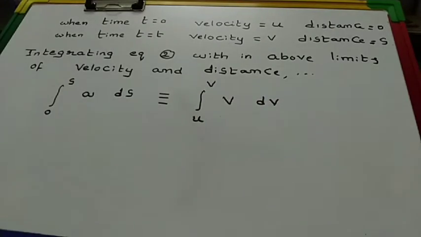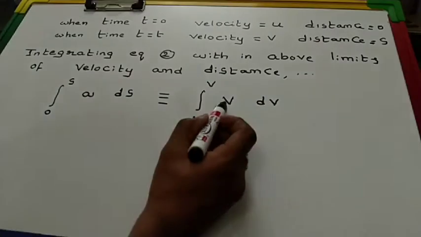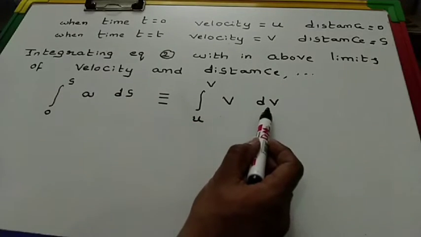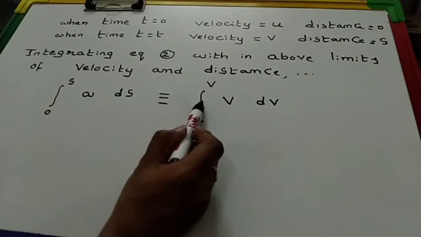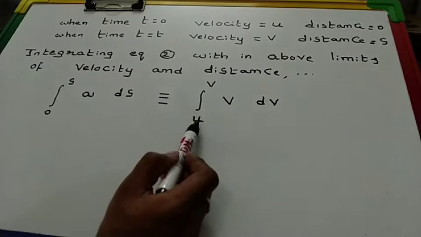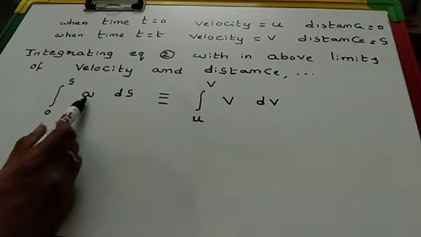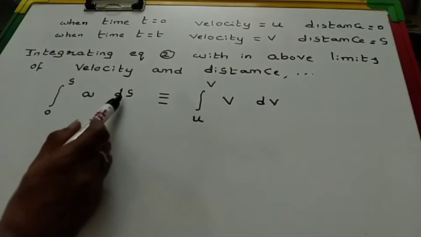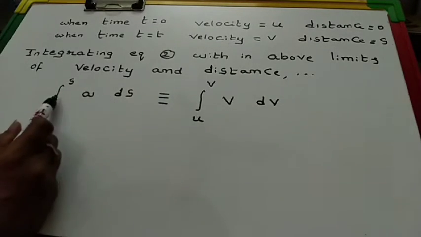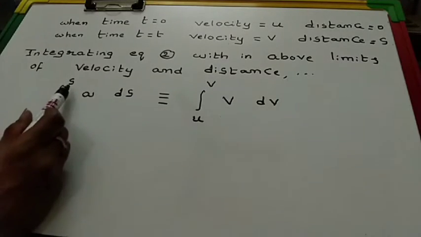My dear students, here velocity will be integrated with the upper limit and lower limit of velocity. Here acceleration is a constant, because here the differentiation is distance. Therefore the integration should be over distance, that is initial distance to final distance.